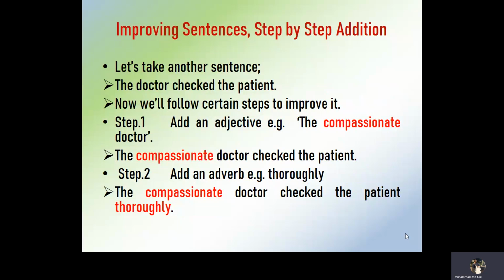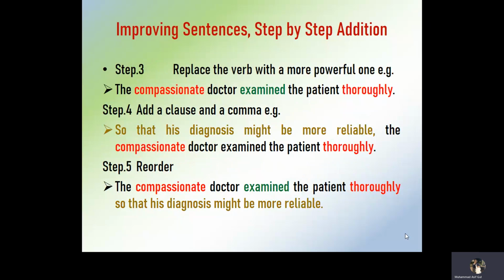And in the third step, we will change this verb checked with a more powerful verb. For example, the compassionate doctor examined the patient thoroughly. And in the fourth step, we will be adding a comma and a clause and a comma, in fact, so that his diagnosis might be more reliable.